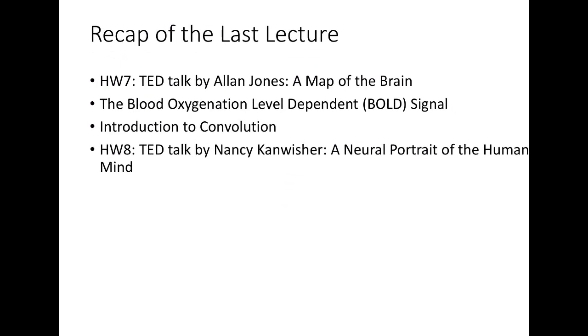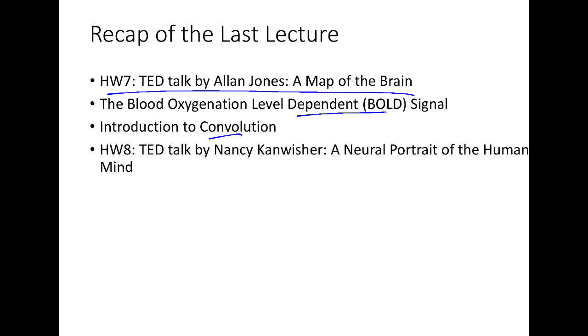So last time we talked about homework 7, kind of like the state of the art in structural brain mapping. We looked at gene profiling, the gene expressions in all the different parts of the brain. And we found the relationship between the BOLD signal and the neural activity, right? This is through convolution, and we call it convolution through the hemodynamic response function.